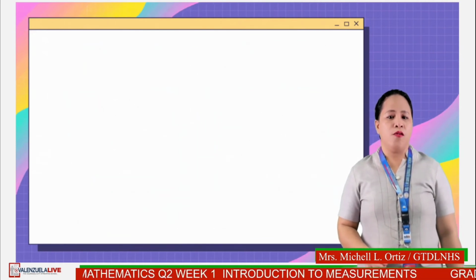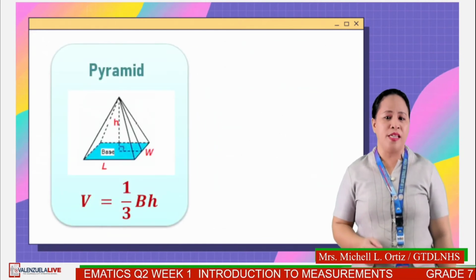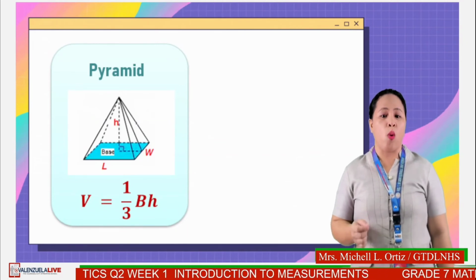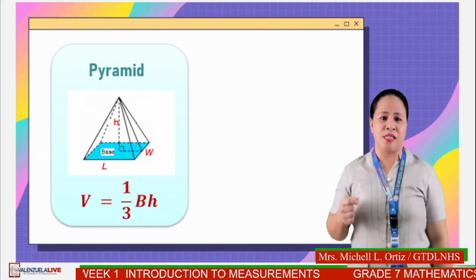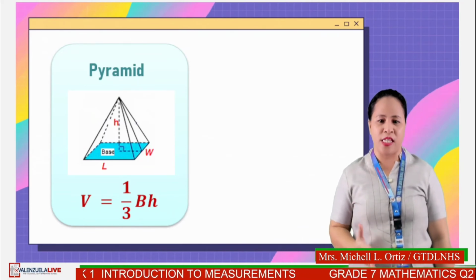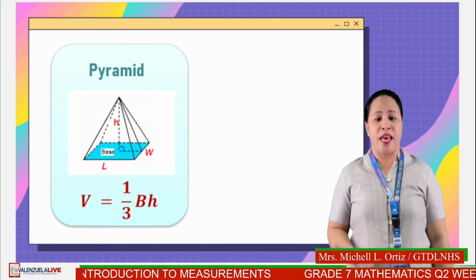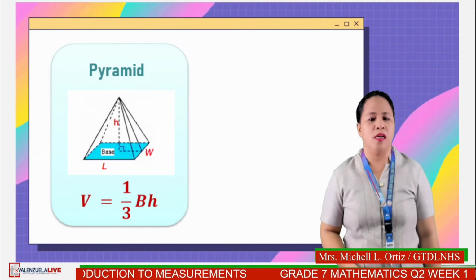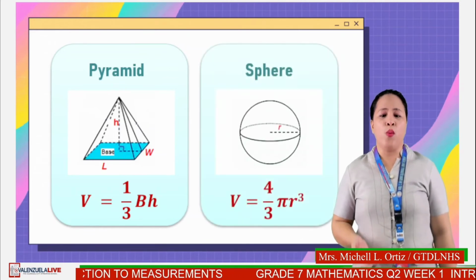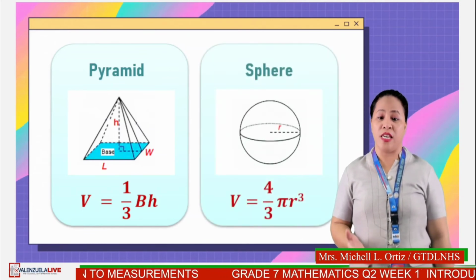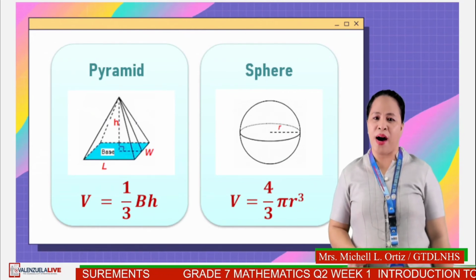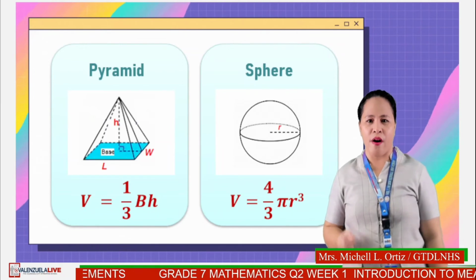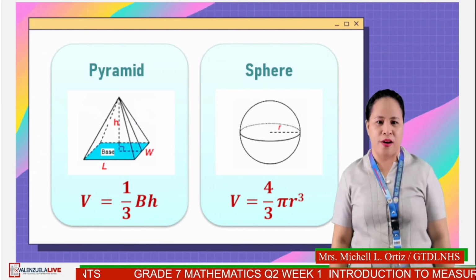And for the volume of the pyramid, we use the formula 1/3 times area of the base times the height. The area of the base will depend upon the base of the pyramid. For sphere, we use the formula V is equal to 4/3 pi r cubed, where r is the radius of the sphere.